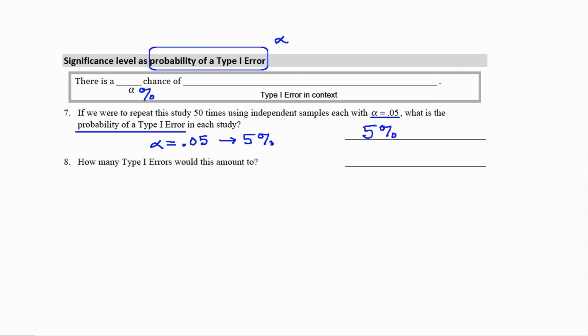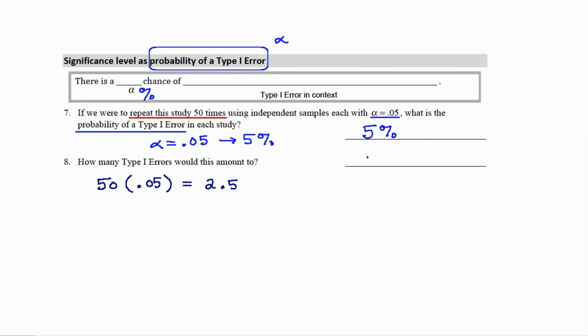Now, how many type 1 errors would this amount to on average if we repeated the study 50 times? Well, that would be 50 studies, each with a 5% chance of making a type 1 error. So if I multiply that together, I get 2.5.